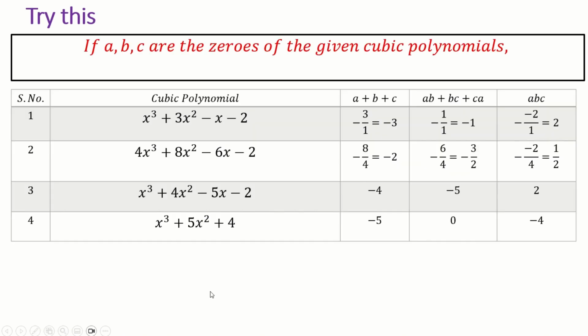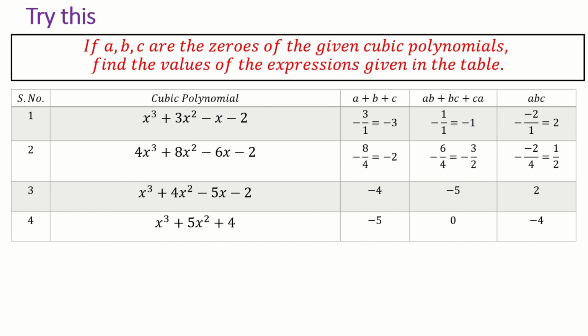Now let's try this. If a, b, c are the zeros of the given cubic polynomial, find the values of the expressions given in the table. So what you need to find out is those three zero relations basically: sum of zeros, summation of product of two zeros, and product of zeros.